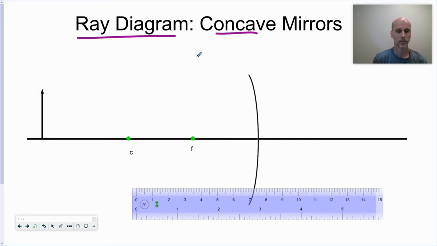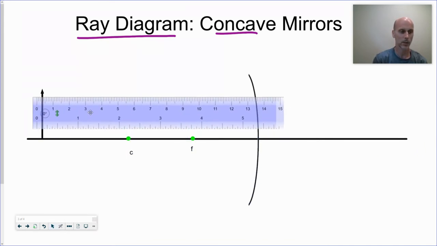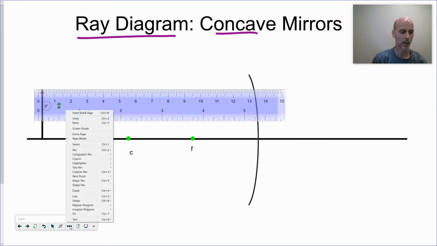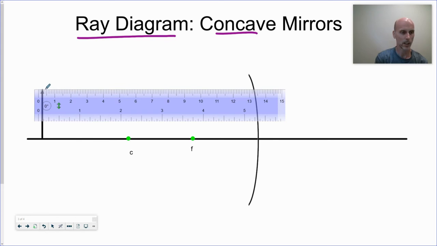All right, so let's get started with the ray diagrams. The biggest tool that you'll use is a ruler. And that's because light travels in a straight line, so when you draw your rays of light, you always want to draw nice straight lines.